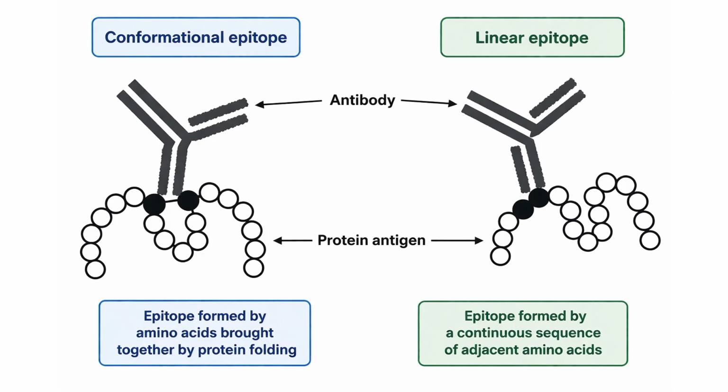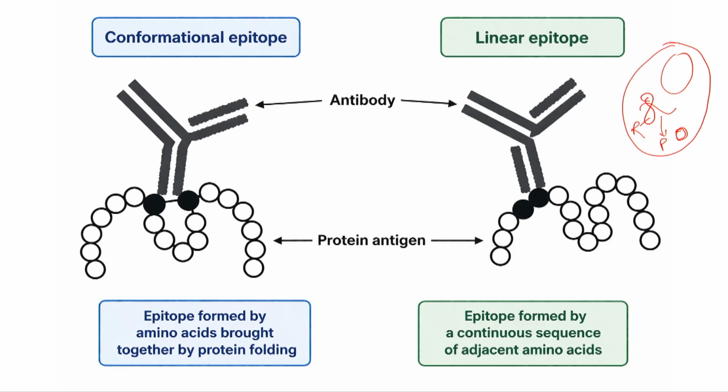So let's see a few more details of these epitope structures. As I said, epitopes are proteins, and the proteins are formed from the messenger RNA in the cytoplasm with the help of the ribosome.